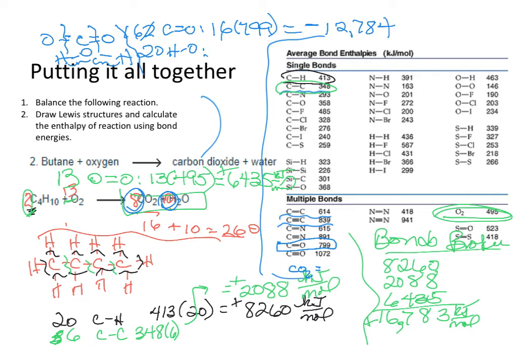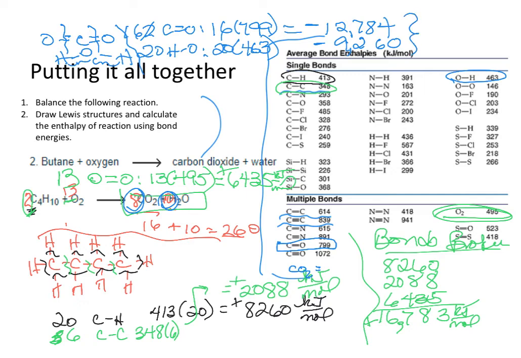So let's find that energy on the chart. And so we're going to multiply 20 times 463. And that is going to be 9,260 with the negative sign again.